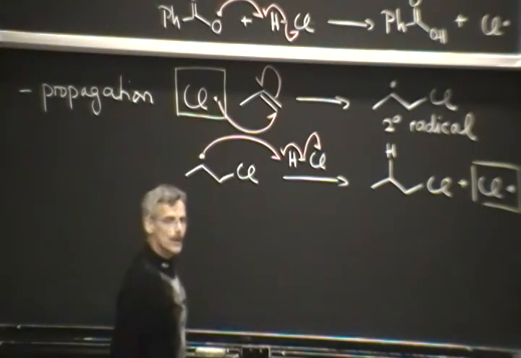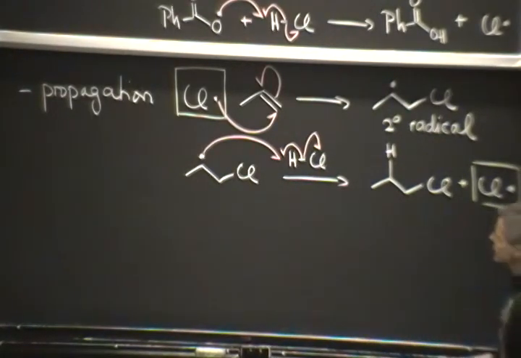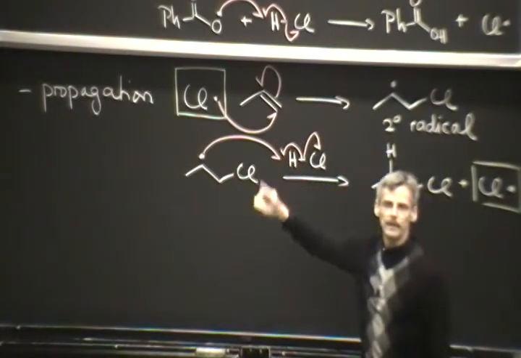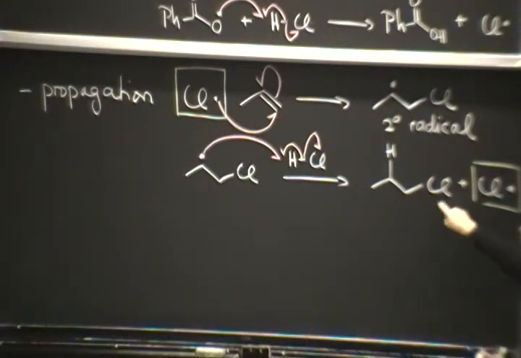Okay. And so the chain keeps on going until it runs out of components, so until it either uses up the HCl or the propene, until one of the species is present in very low concentration and is exhausted, and continues to lead to the product here, which is this terminal chloride.